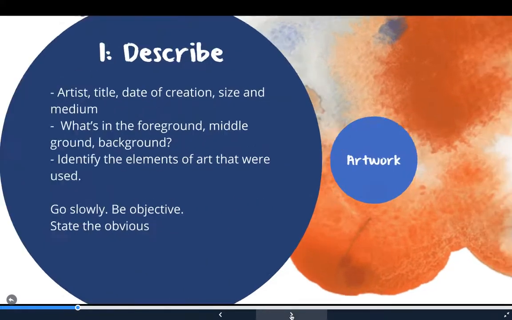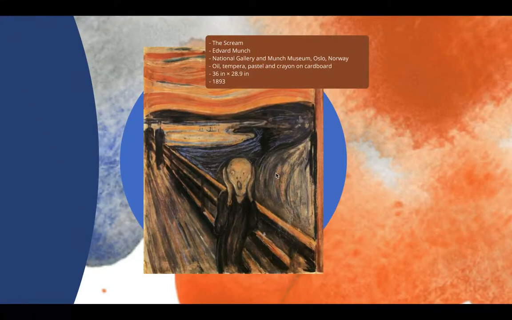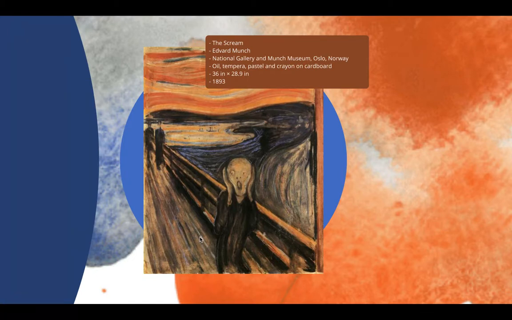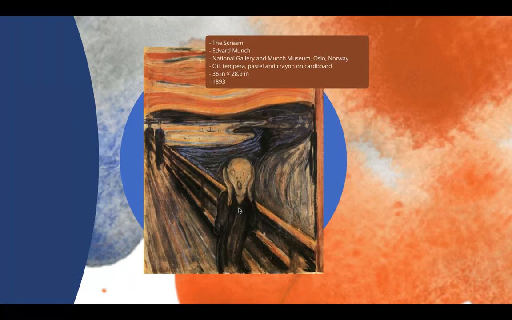All right, so let's describe Edvard Munch's The Scream. Okay, let's just start with the most obvious piece, which is our subject matter or our focal point. So I could say, I see a figure in the foreground who looks to be in distress. He has his hands clasped to the side of his head and cheeks, and his mouth is open as if he is screaming.